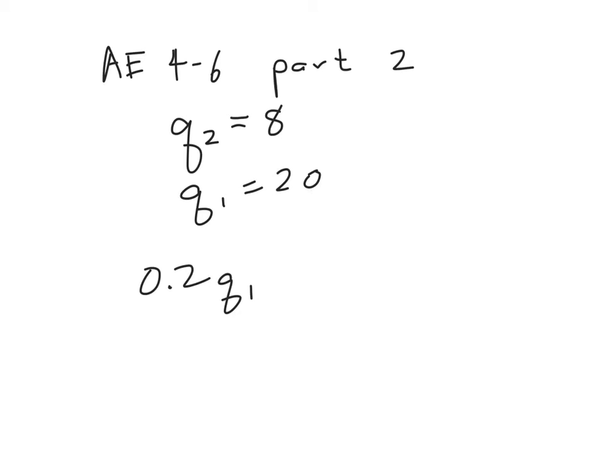We know that's equal to the permit price. We know Q1 is 20, so 0.2 times 20 is equal to $4 per permit.